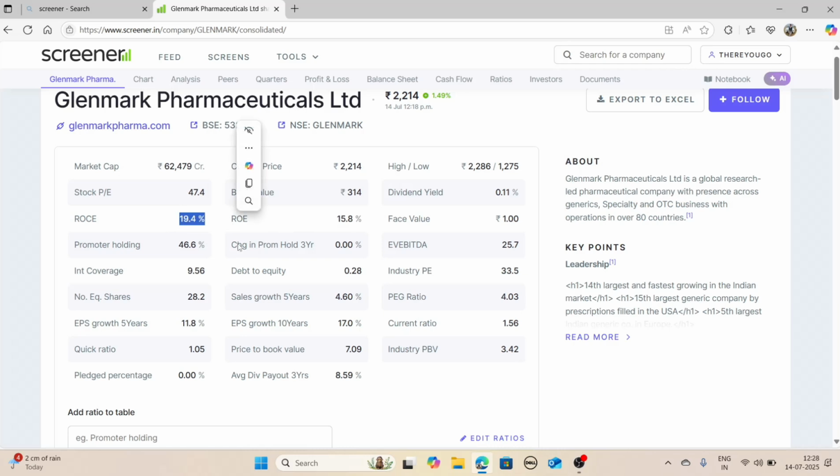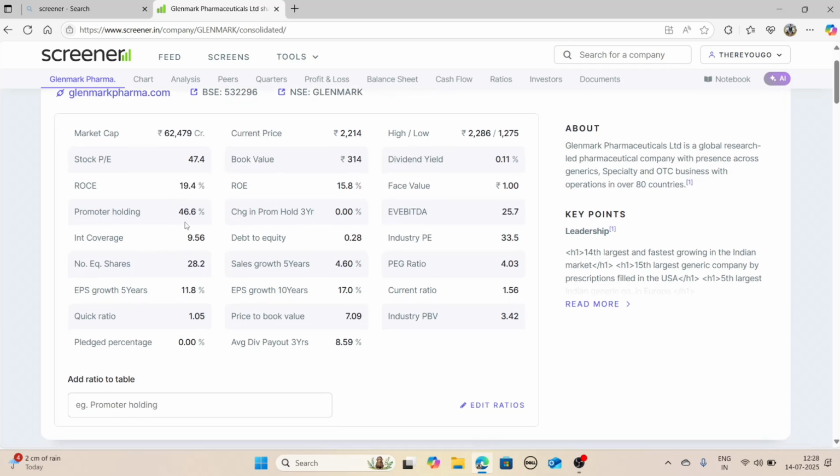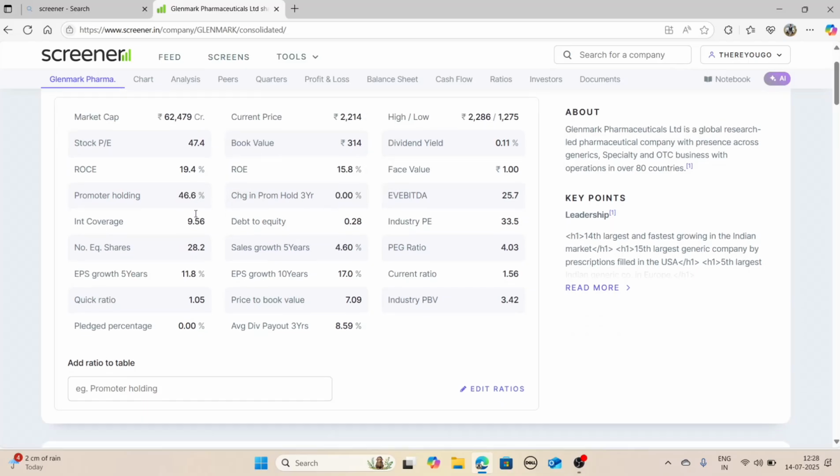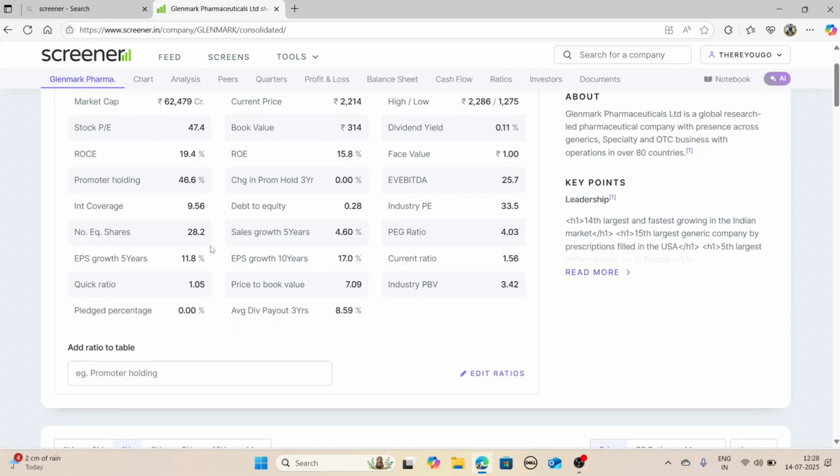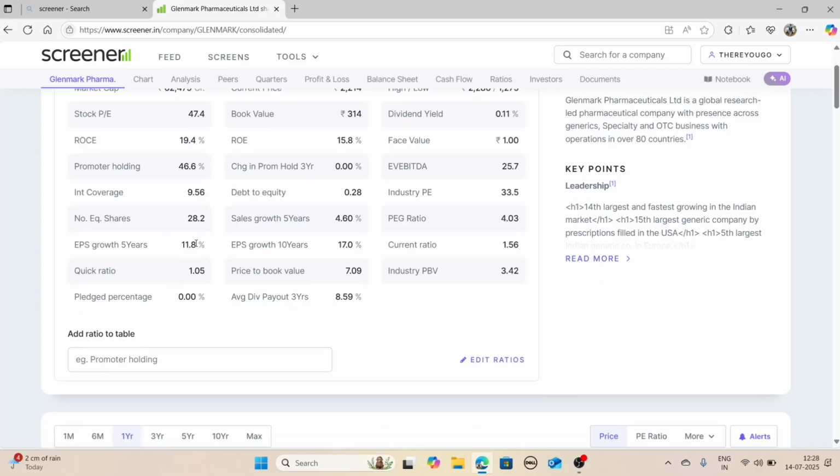That means the company has debt in its capital. Promoters holding is 46.6, and there is no change in promoter holding. That's a good sign. Interest coverage ratio is approx 10x of its EBIT. That's great. EPS growth is 10.8, 11.8 over 5 years.